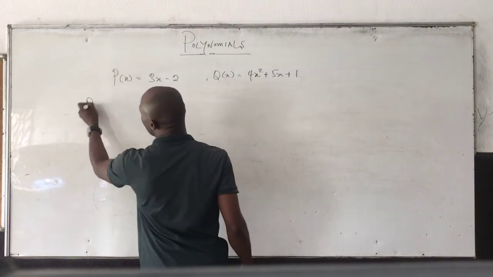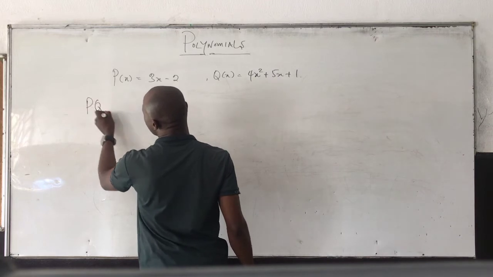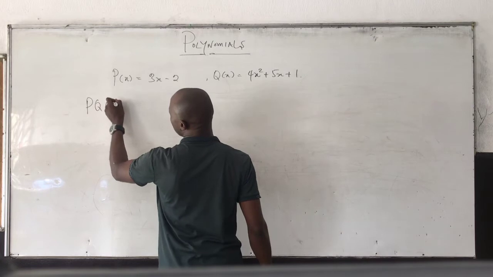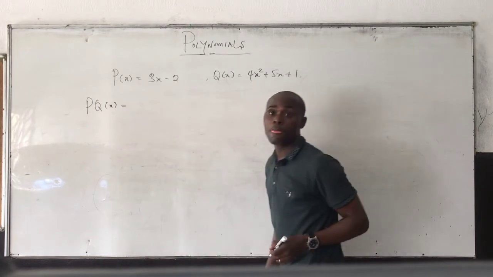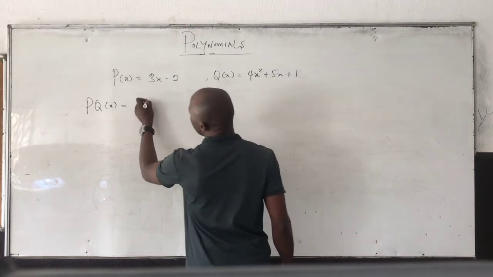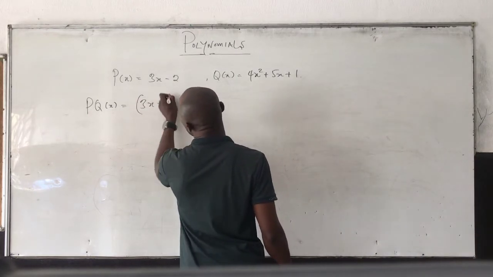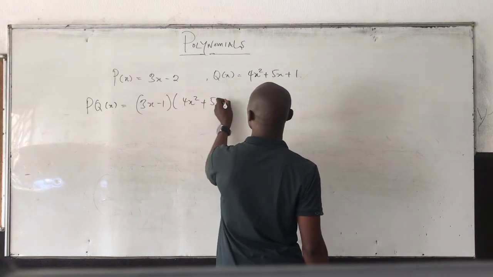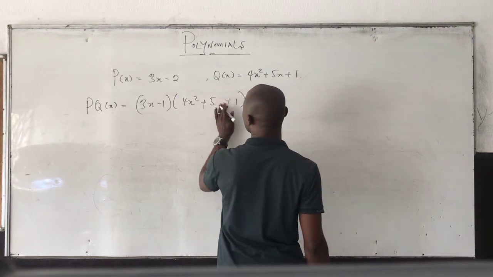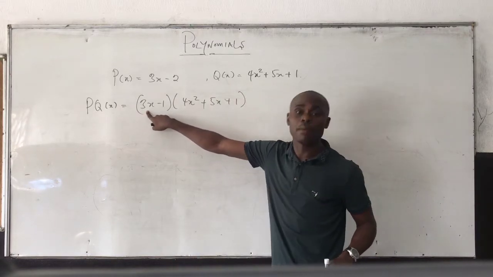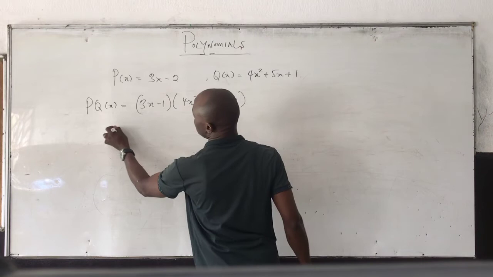So the multiplication, we can have it as PQ. PQ is going to be a function of x. So what do we have? We have 3x minus 1, and we have 4x squared plus 5x plus 1. So how do we tackle that? We start with the first member of this polynomial, and that's 3x.